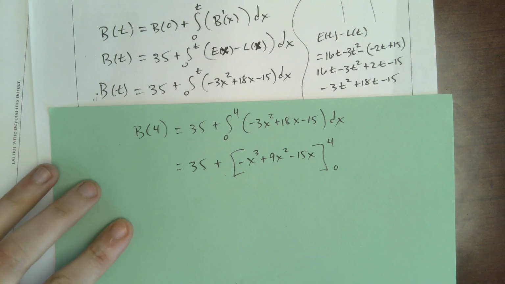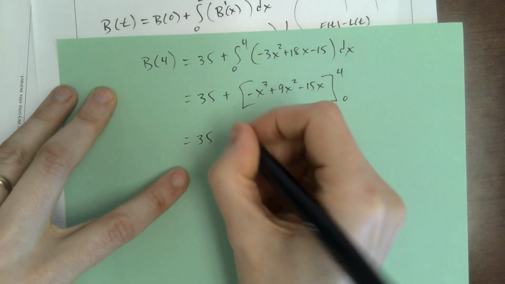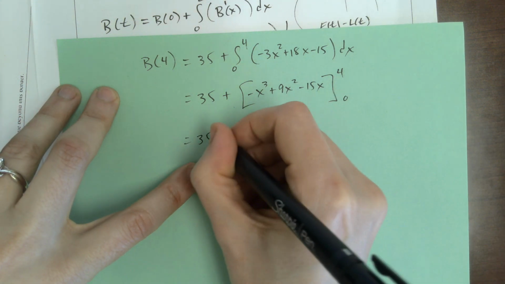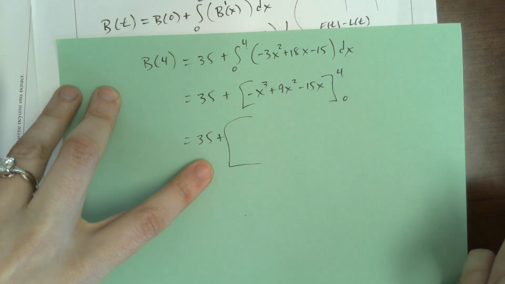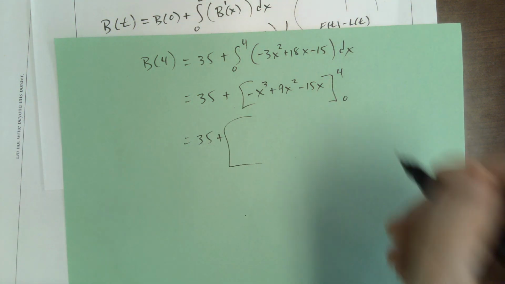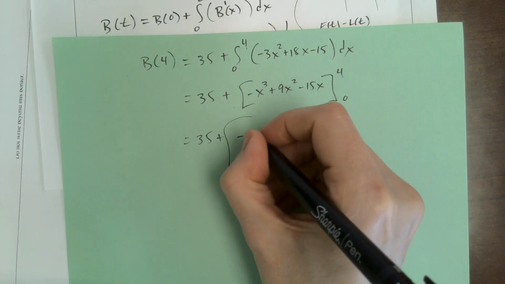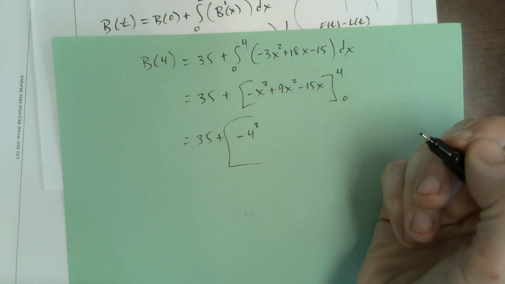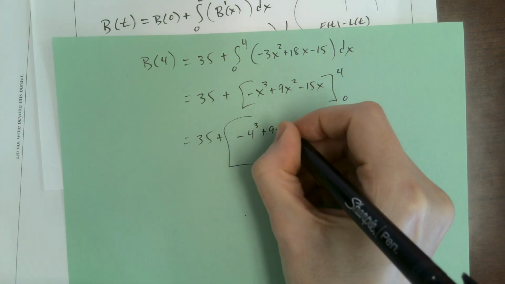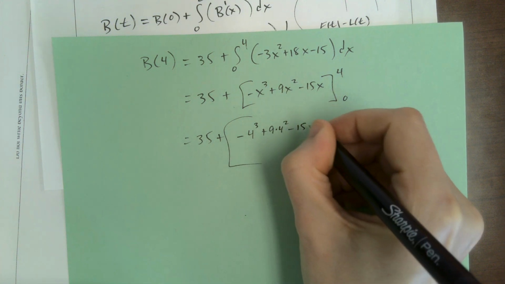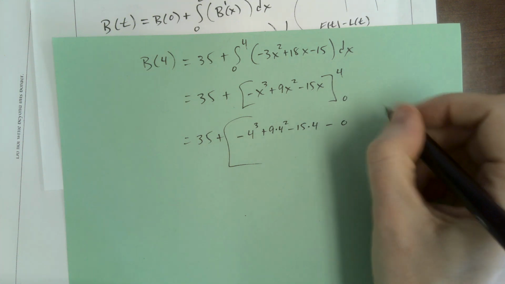Okay, so I put the antiderivative in there. And then this is 35 plus, okay, now I plug the 4 in, and I'm getting negative 4 cubed plus 9 times 4 squared minus 15 times 4, and then minus, and you're plugging in 0.